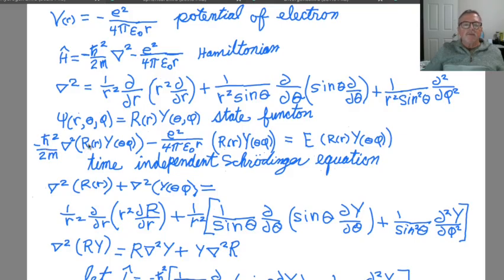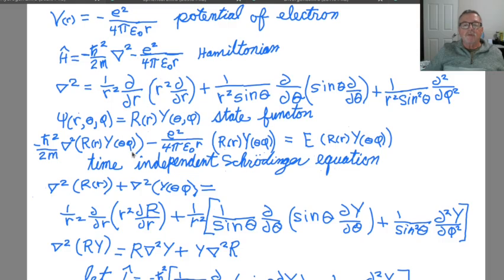Then we have the state function upon which this Hamiltonian operates. Here's the potential energy, and it is a function of the radial part and the angular part. And then it equals E times the same state function that we have over on the left side.